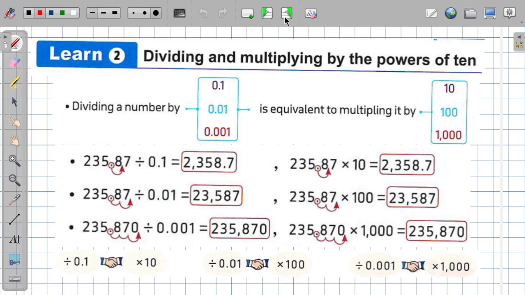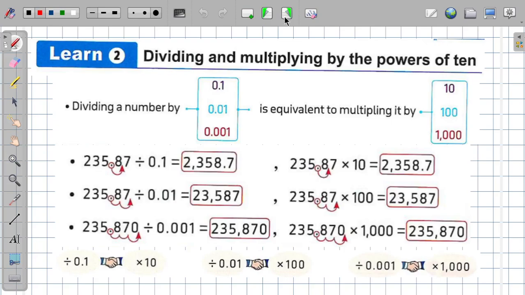Next, I want to link the multiplication operation and the division operation by the powers of 10. When we learned multiplication by the powers of 10, we knew that if we want to multiply by 10 or 100 or 1000, we move the decimal point to the right.